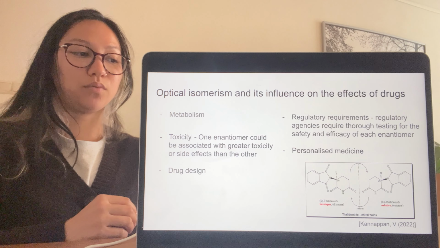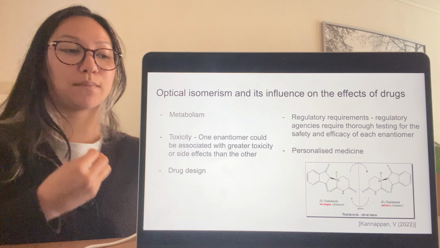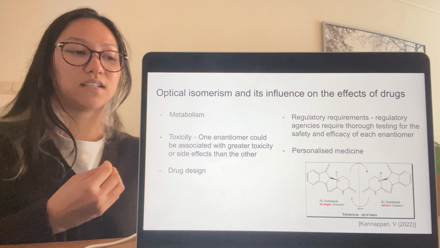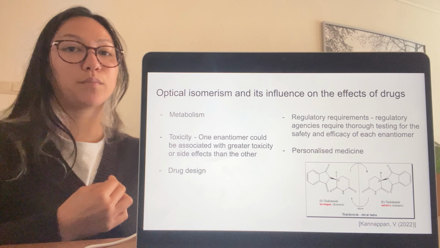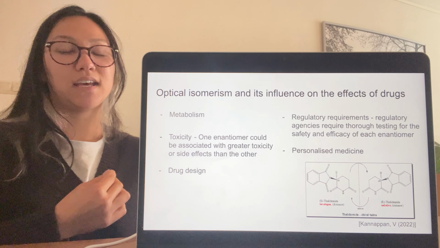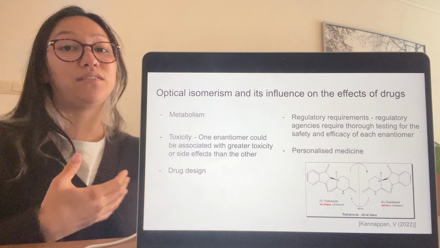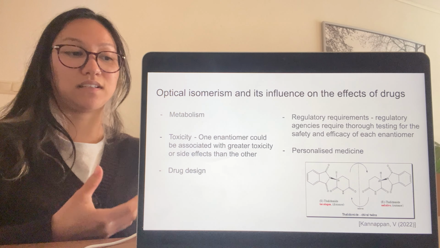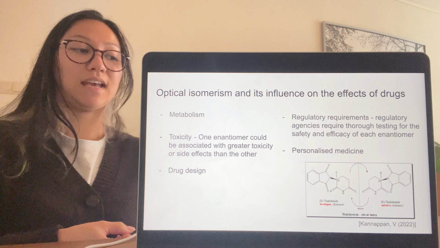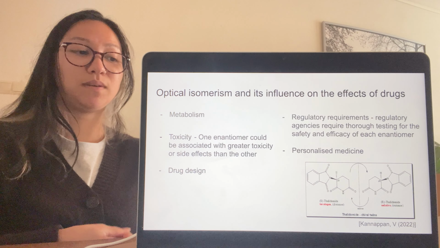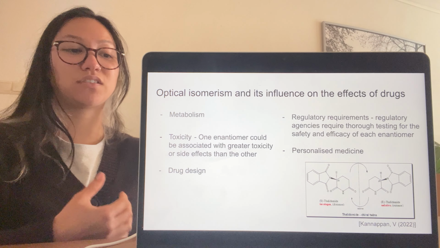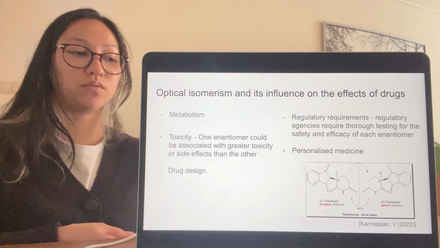And an example of how toxicity and metabolism are related is through thalidomide, where pregnant women were given the S enantiomer and R enantiomer versions of thalidomide to alleviate morning sickness, a pregnancy symptom. This unfortunately resulted in babies being born with severe birth defects such as limb deformities and damage to internal organs.